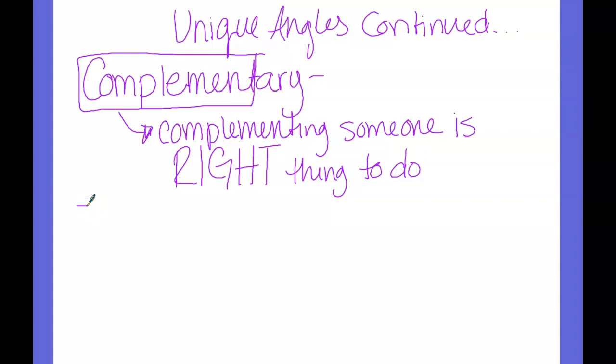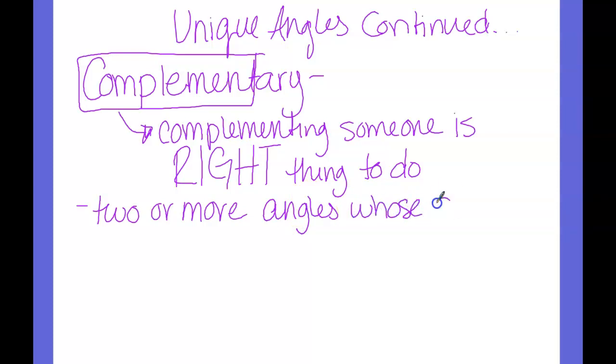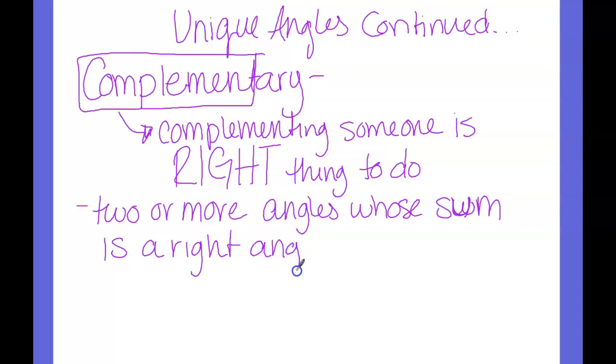A right angle, which measures 90 degrees. So I said two or more angles whose sum, oops, spelled sum wrong, whose sum is a right angle, which equals 90 degrees.